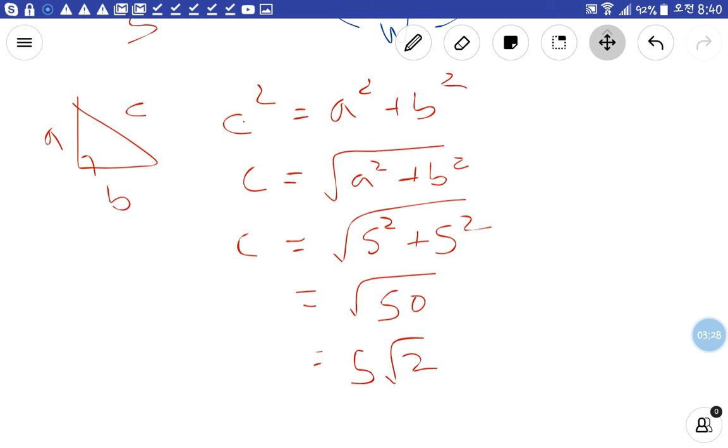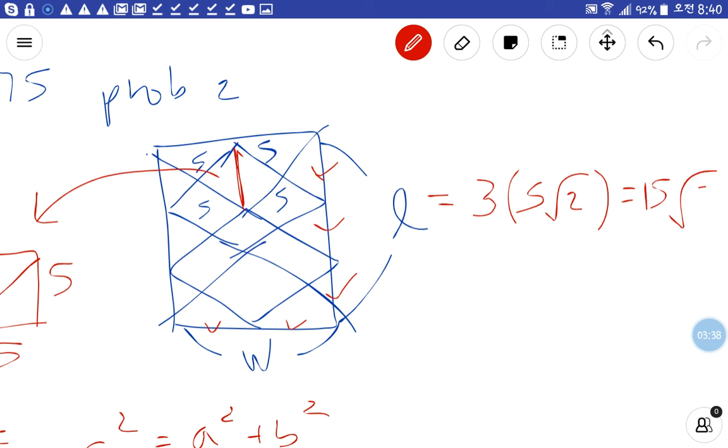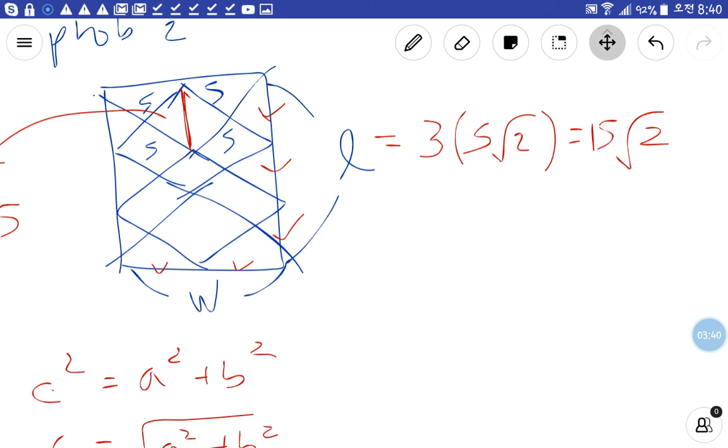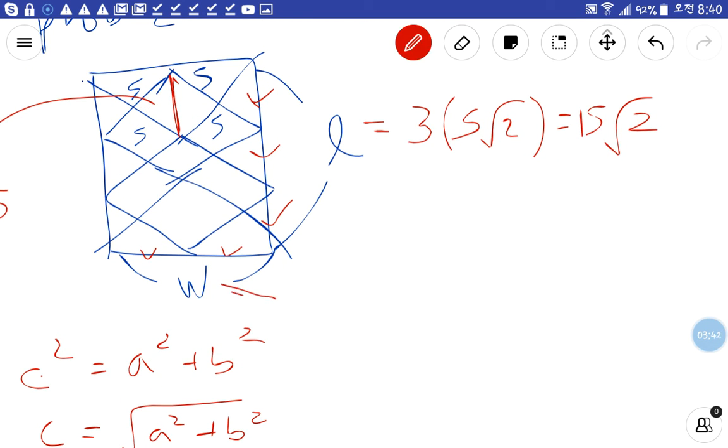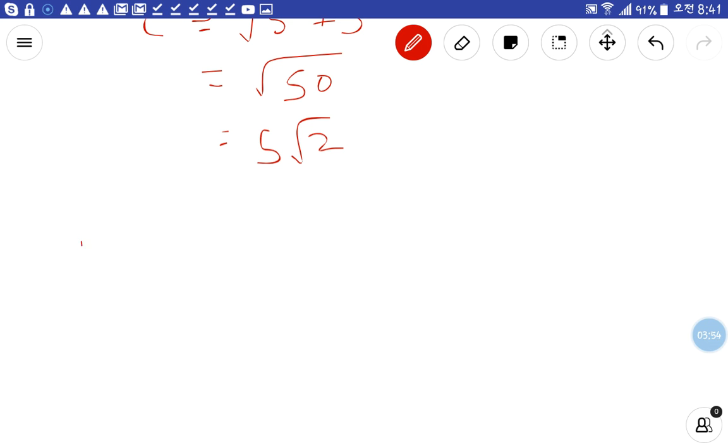Now, how many do I have in here? 3 of them. So my length is going to be 3 times 5 radical 2, which is 15 radical 2 inches. Now my width is 2 of them. 2 times 5 square root of 2 becomes 10 radical 2. Now what? You have to find the perimeter. What is the formula of the perimeter?